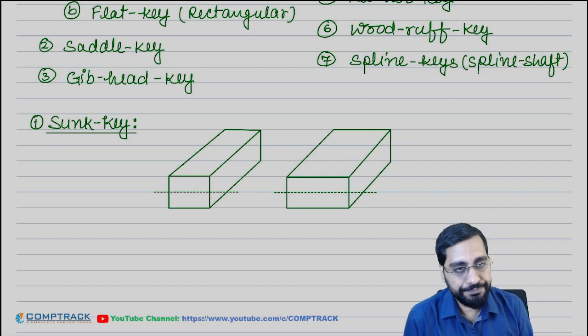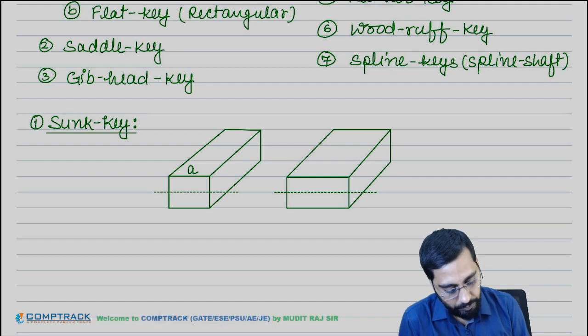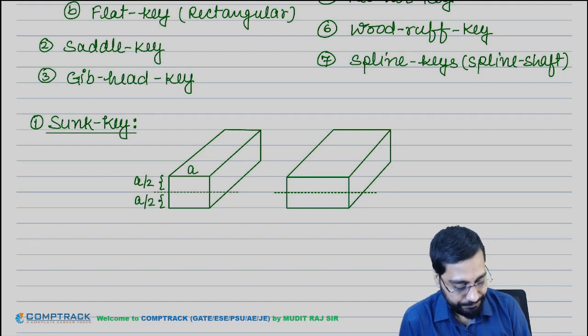This is the dimension A and A. So A by 2 will be shared on both sides, shaft and hub, and L is the length.